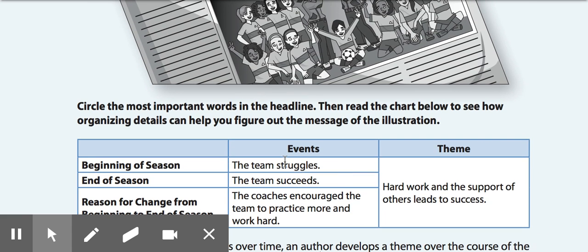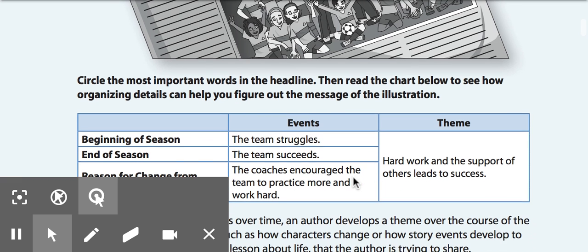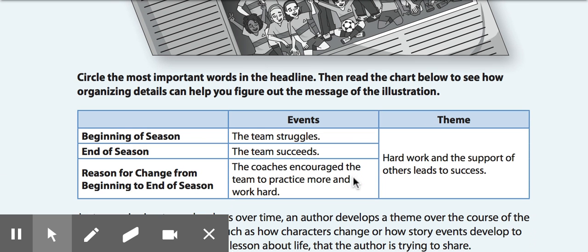This is a chart that we will use. A chart like this helps us to organize the details that will help to show or determine the theme or message. You see it says beginning of the season, the team struggled. End of season, the team succeeded.